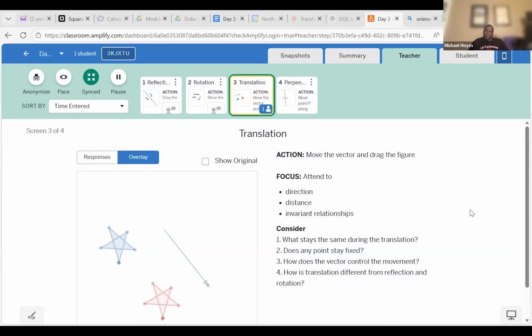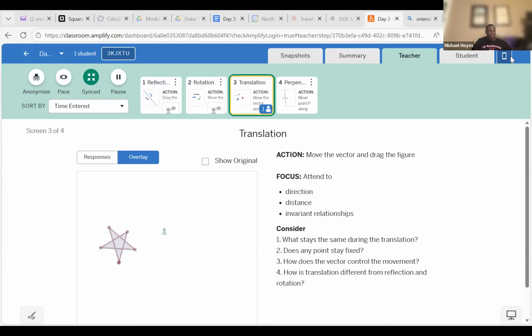If the arrow was a nothing arrow, just a point, the vector had no magnitude, you could force them to overlap. So you said everything changes, which means no points stay fixed, unless we have a vector that has a zero magnitude.